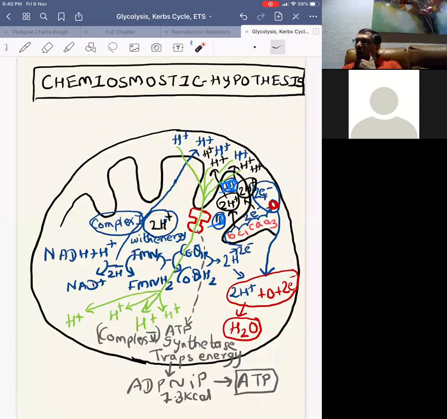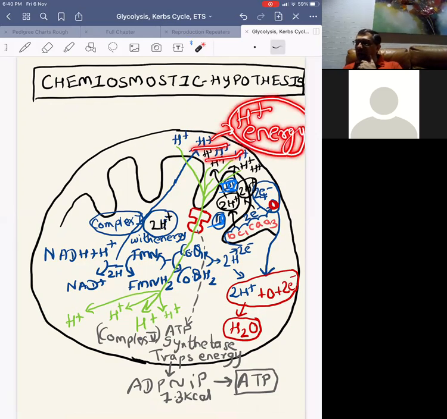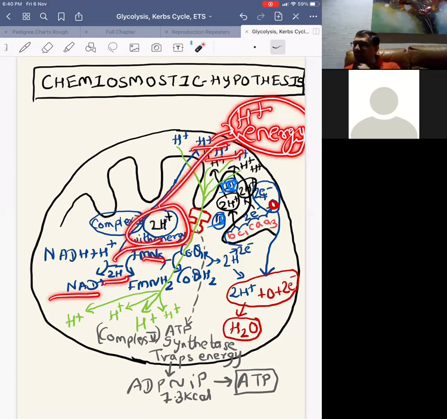Protons have gone into the intermembranous space with energy. If you remember, NADH2 to FMN, hydrogen was accepted, but it gave away protons with energy. Similarly, between B and C1, protons went out with energy.